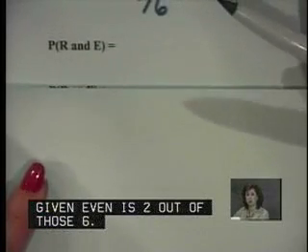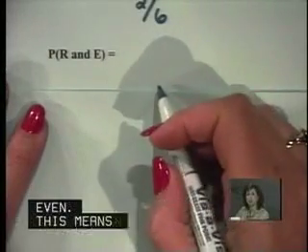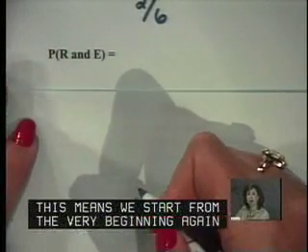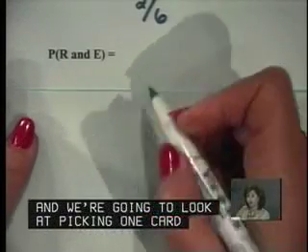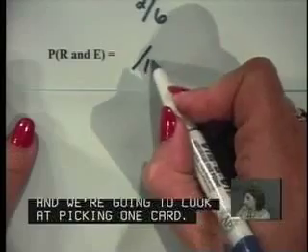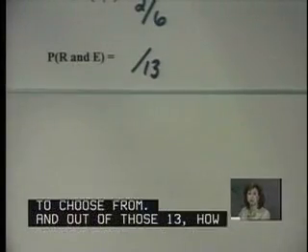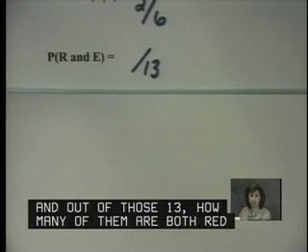The next one, the probability of red and even. This means we start from the very beginning again, and we're going to look at picking one card, and there are 13 cards to choose from. And out of those 13, how many of them are both red and even at the same time?